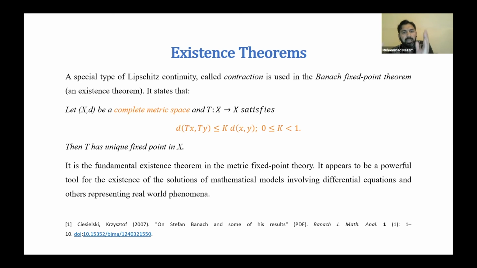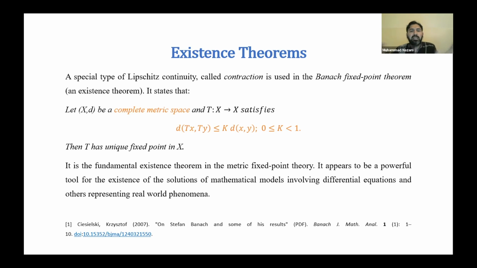We define a Picard iterative sequence, and we prove that the Picard iterative sequence satisfying this inequality is a Cauchy sequence. Then, using the completeness of the metric space, we prove that the Cauchy sequence converges in that space. And the point of convergence is then proved to be the fixed point.